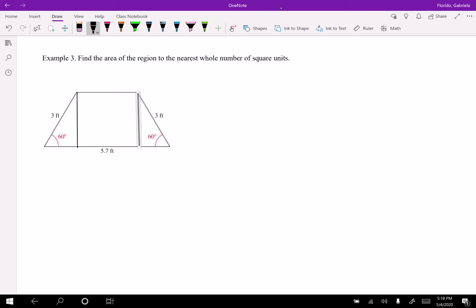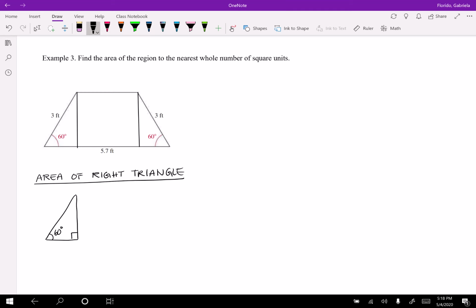I'm going to call this area of right triangle. All right, and so here we go. I have this right triangle.